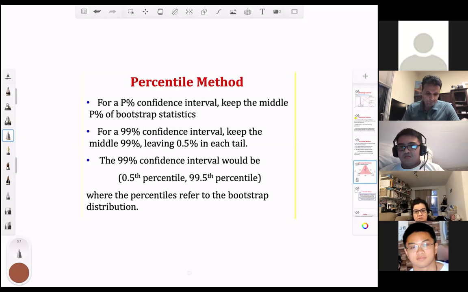This is what I said. For the P% confidence interval, keep the middle P% of the Bootstrap statistics. For a 99% confidence interval, keep the middle 99%, leaving 0.5% in each tail.